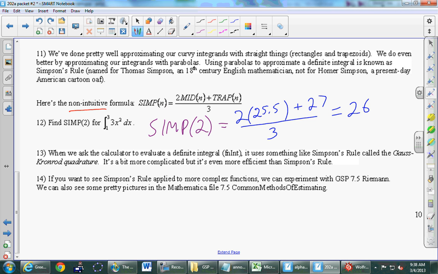But you might see some long sums in your textbook for Simpson's rule, with different coefficients, like a 2, a 4, a 2, a 4, alternating. It might go through the derivation of actually drawing a few parabolas and then figuring out what the coefficients of those parabolas are. But we're just going to use this guy. Okay, 13, Steve.